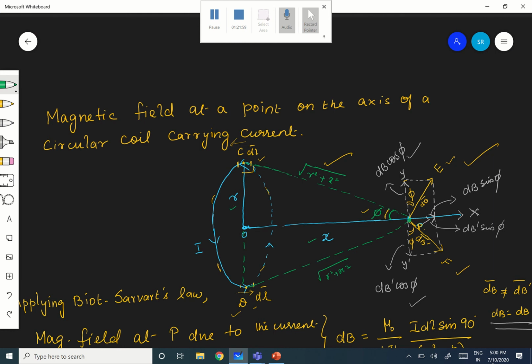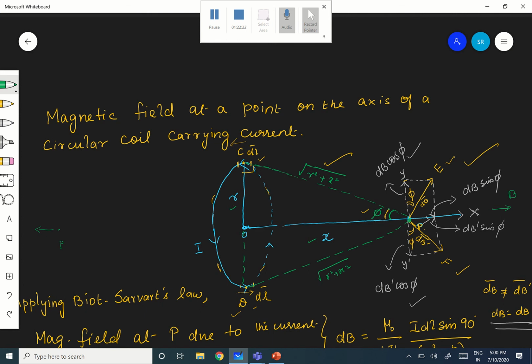The point may be to the left of the coil also. If I consider the point to the left, there will also be a magnetic field, but in the opposite direction. Here the magnetic field will be along the positive x direction, and here it will be along the negative x direction.